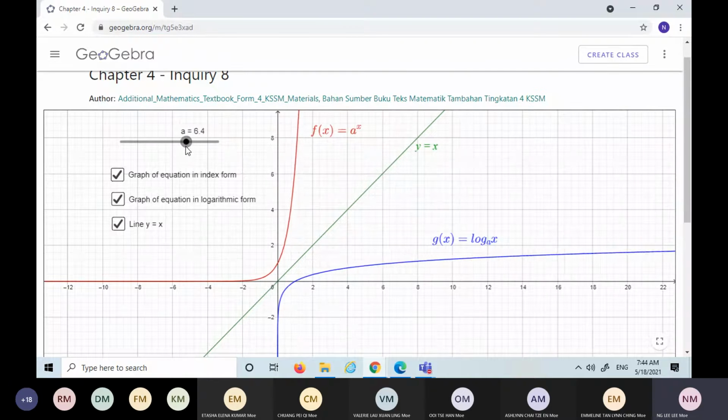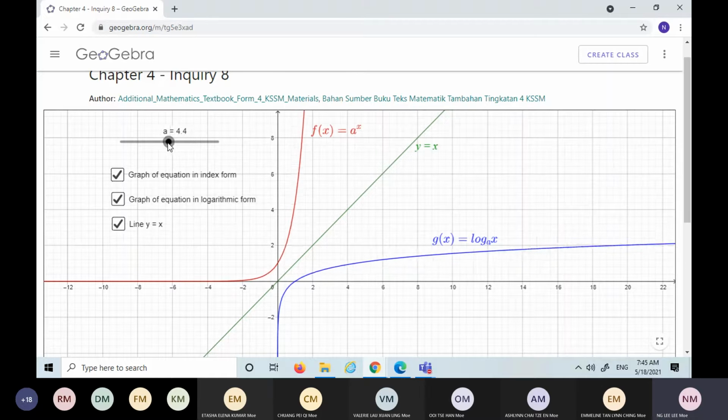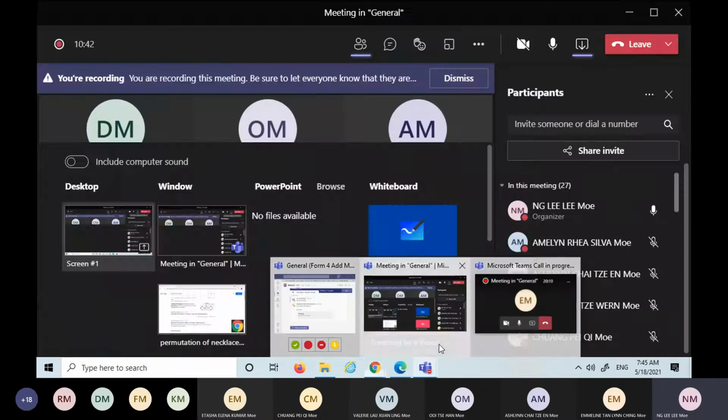For the red line, there is one point that is fixed. For the blue line, there is another point that is fixed, although A is changing. Anyone can tell the point? For the red one first.